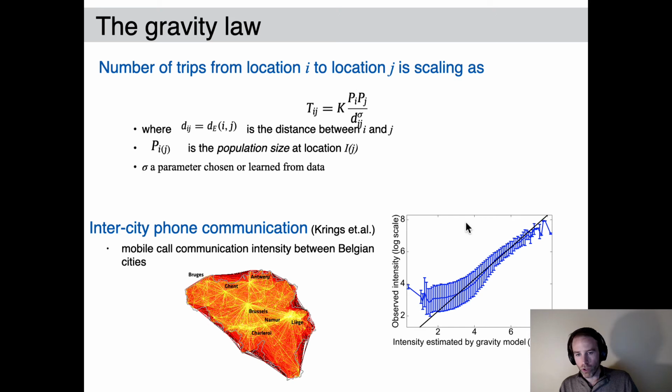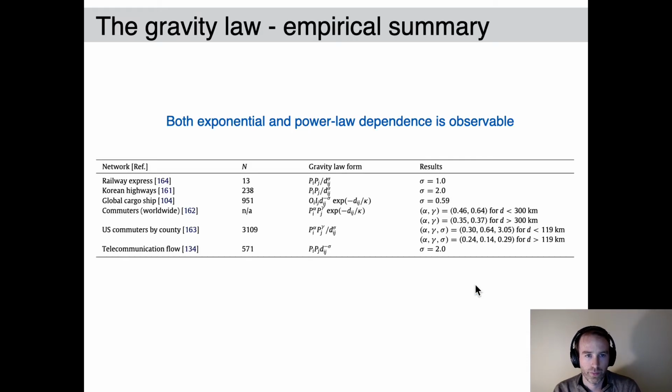This is a fit in which you can see that if you estimate by a gravity model the number of phone calls that you expect, and you observe the actual intensity of phone calls, you see that there is quite a good match. So this gravity law of interactions seems to be a pretty good approximation.